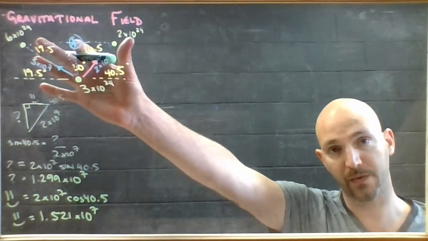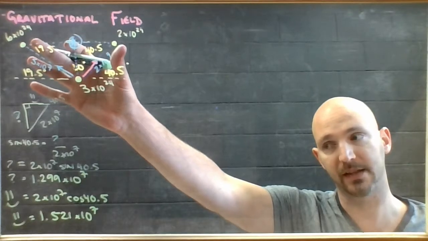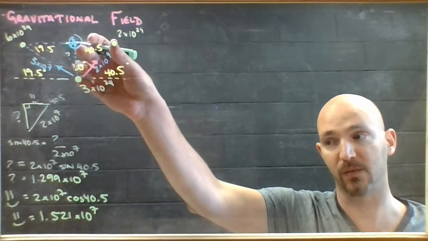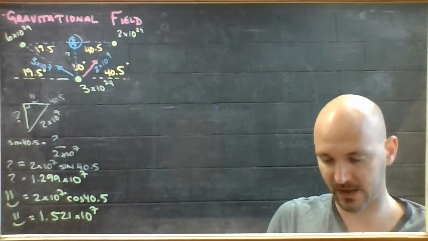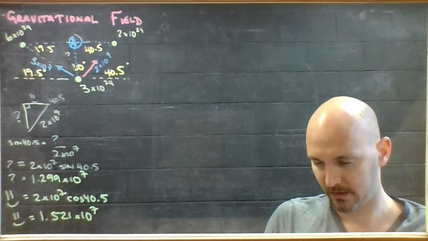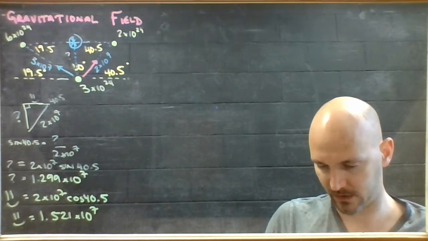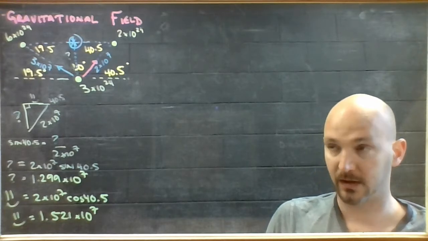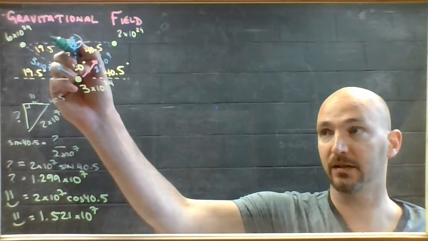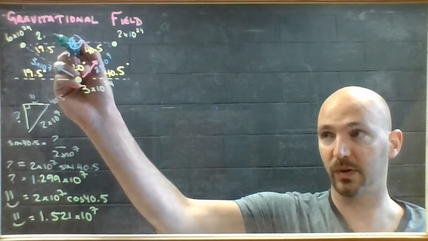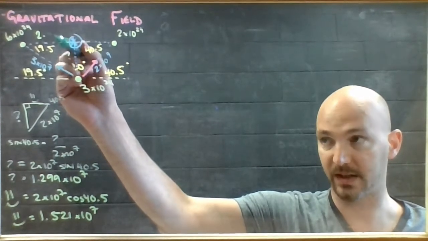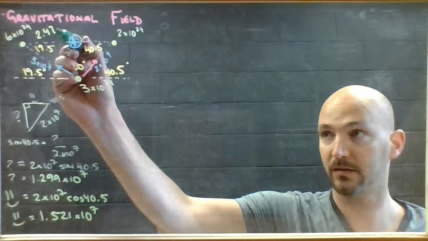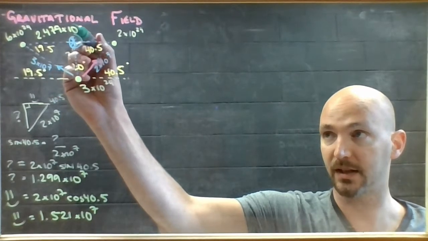And if this whole thing was 4 times 10 to the 7, and this little chunk is 1.521 times 10 to the 7, then this piece here is 2.479 times 10 to the 7.